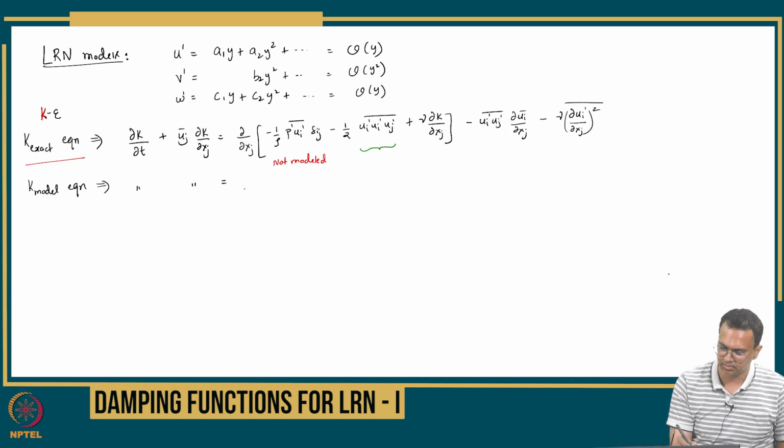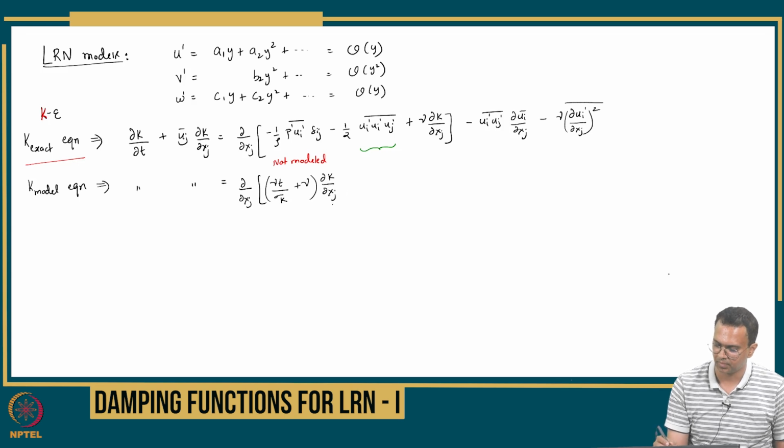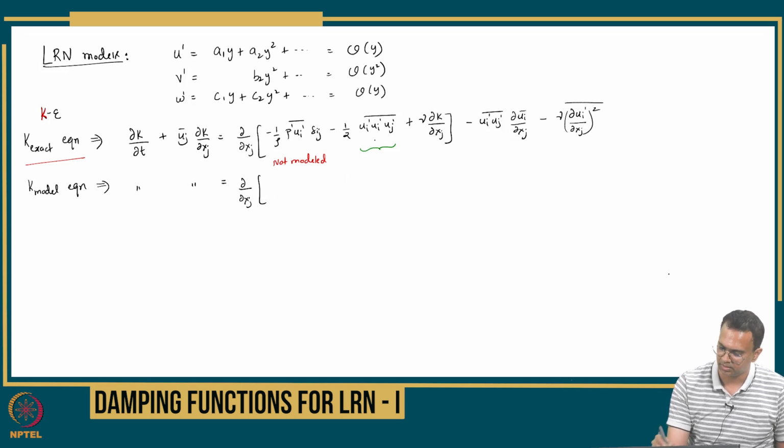So we will see the modeled equation here looks like dou by dou Xj of basically the nu plus nu T, or since we are writing it this way, nu T by sigma K plus nu, dou K by dou Xj, or you can simply write it in two parts as nu T by sigma K dou K by dou Xj plus nu dou K by dou Xj.